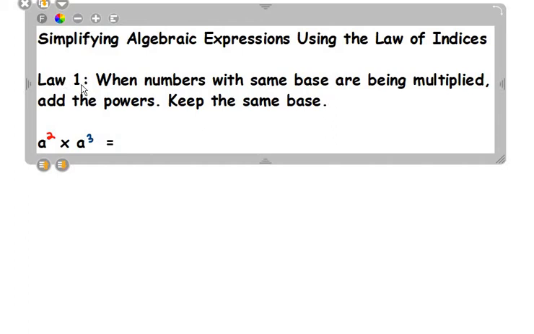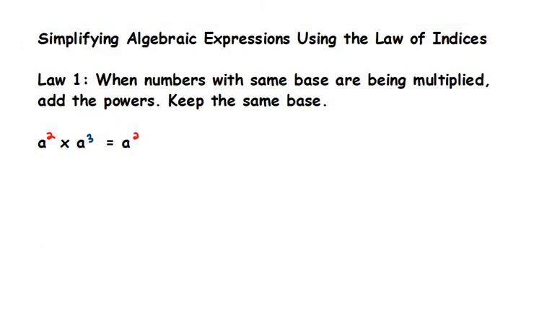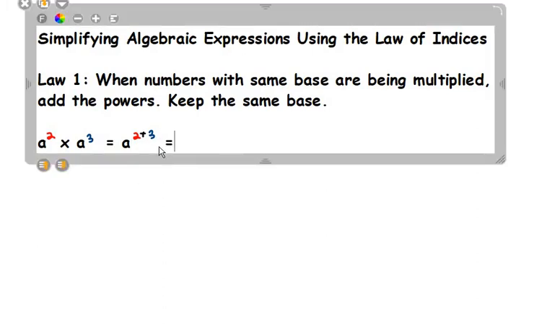But we can use the laws of indices to help us simplify algebraic expressions that have indices. So we are going to keep the same base, which is a, and we just add the powers. So we would end up with a power of 2 plus 3, and our final answer is just going to be a to the 5th power.